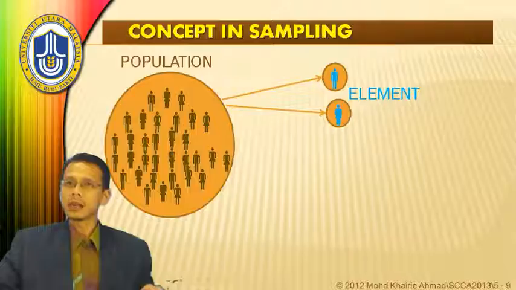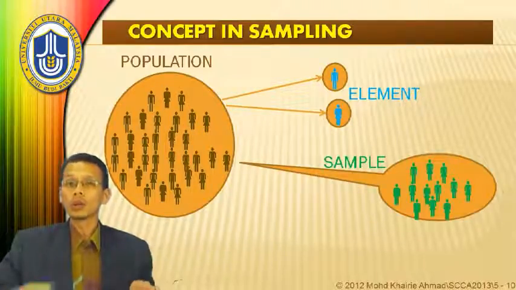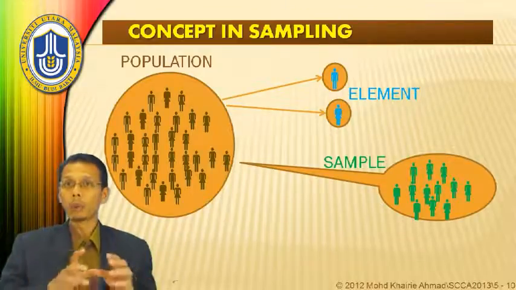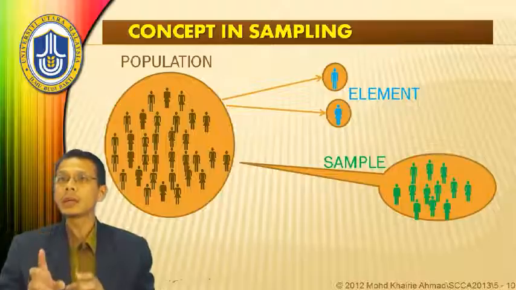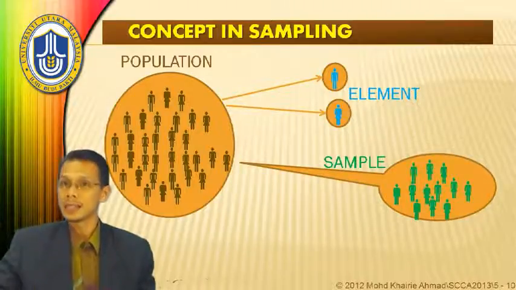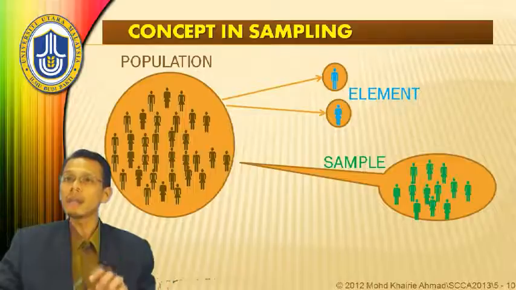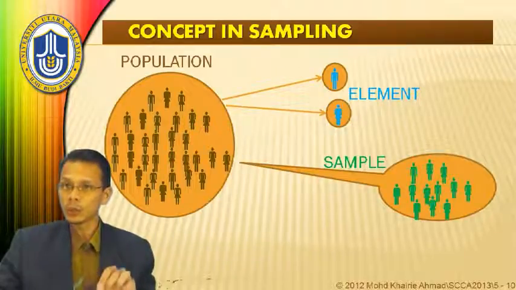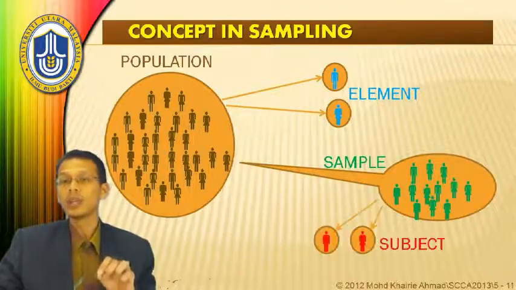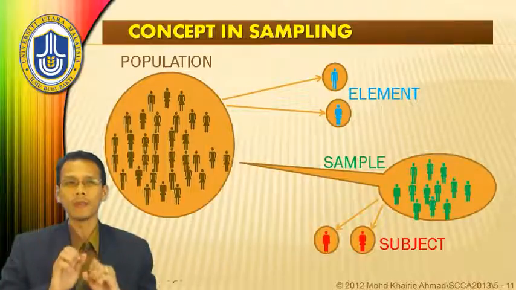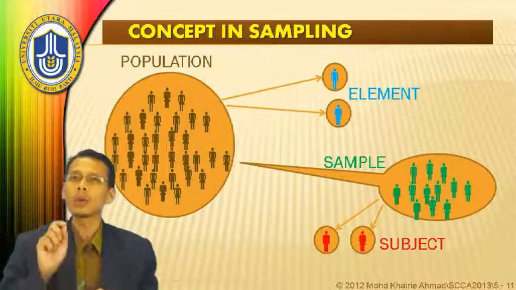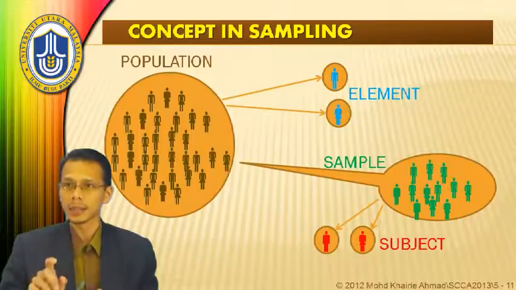As we defined just now, a sample is derived from the population. When we choose a group of people from the population, it means we have a sample, and every single individual in the sample, we know as a subject. So now I hope that you have a very clear understanding of what sampling is.